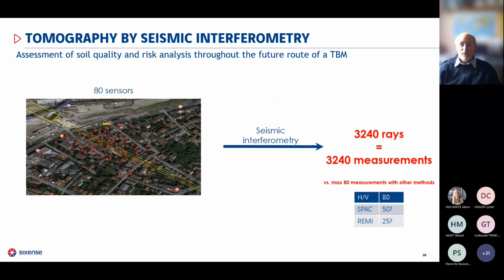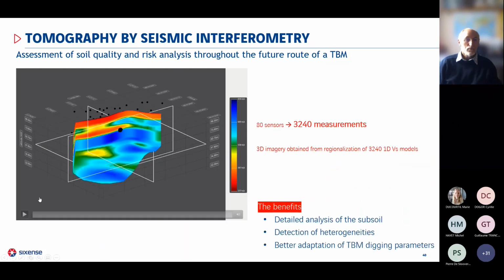So imagine the difference in the number of measurements, and this is what makes this method more reliable, let's say, and allows a precise imaging of the subsoil. So for this project, by the way, we used only vertical sensors. So we analyzed only the Rayleigh waves, but we could use three component sensors and invert at the same time Rayleigh and Love waves.